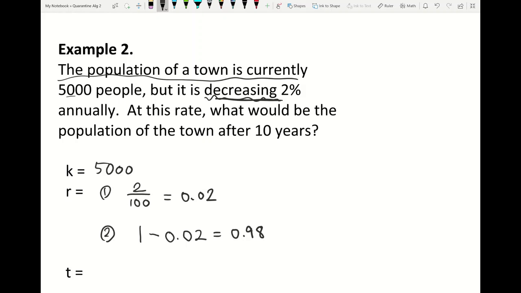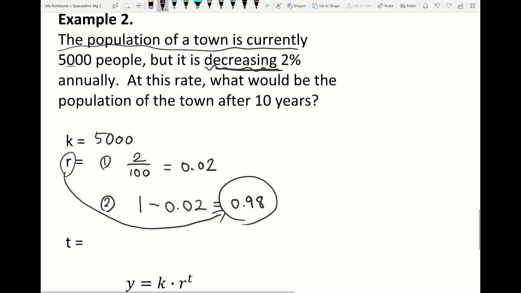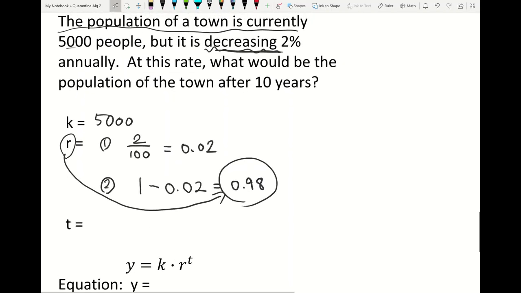Because you're losing 2% of the people. So what percent of the people are still in town? That's 98%. Okay. So 0.98 is going to be the R value. And T is going to be how many years? It's the time, and that's 10 years.